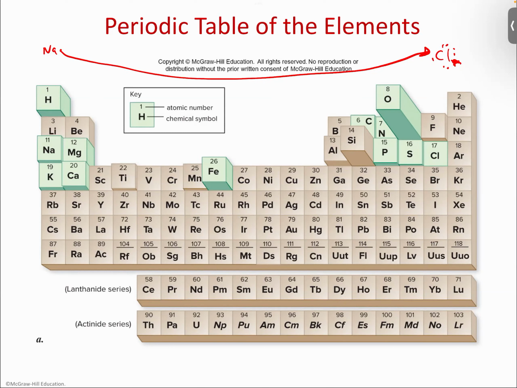Now, the cool thing about that is the only ones that aren't playing that game are these guys right here. Everybody else is in varying states of crazy. The more crazy you are, like these guys here and these guys here, the more reactive you are. The more middle-of-the-pack you are, the more relaxed you are. Carbon, for instance, you're going to form bonds with carbon, but carbon is pretty chill.